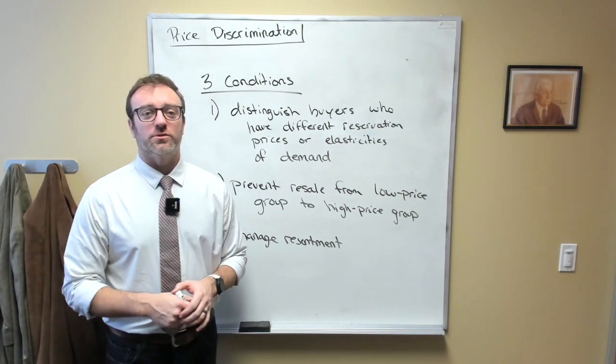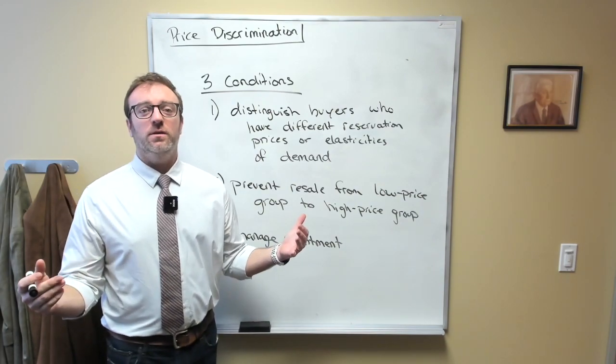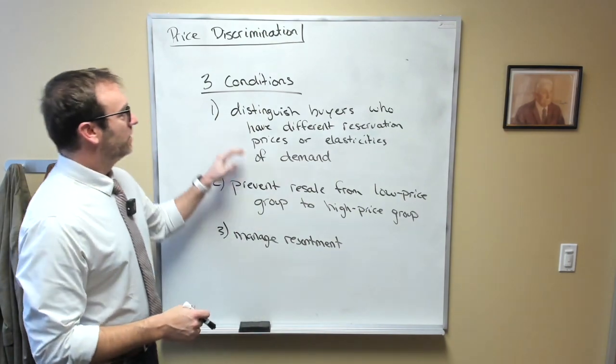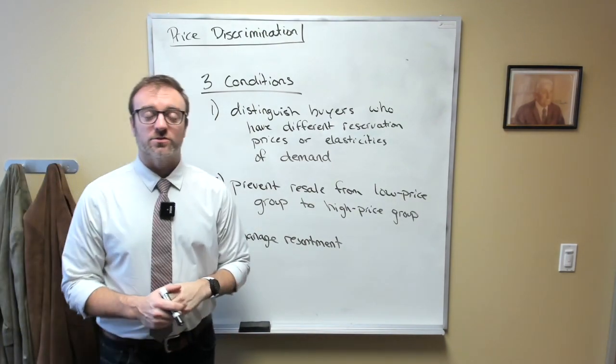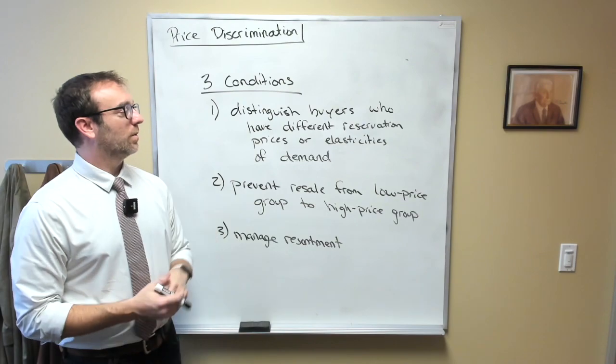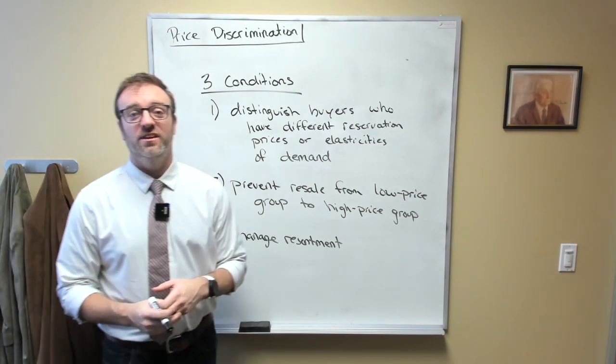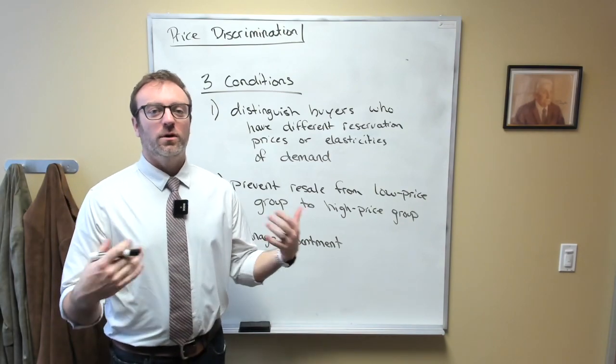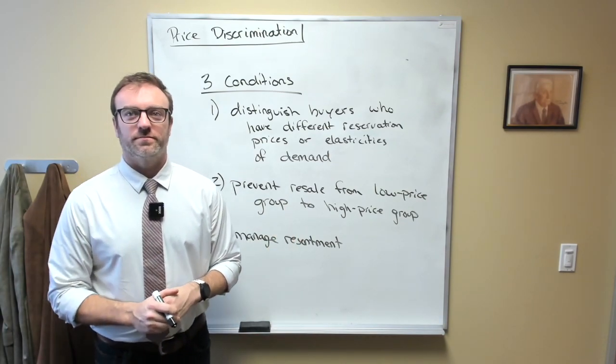Same thing with showing a driver's license or an AARP card in order to prove that you are a retired person. So in this case, all the seller is trying to do is distinguish whether or not you have a different elasticity of demand from a more normal, middle-aged kind of person.